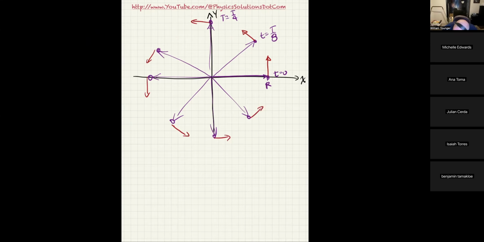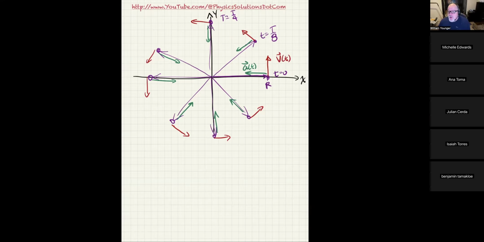And then you can plot the acceleration, which lo and behold is actually going to point in the opposite direction of R. So the green vectors are A of t, and the red vectors are V of t.